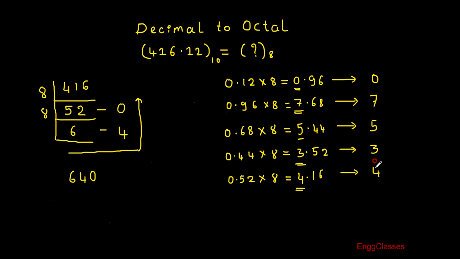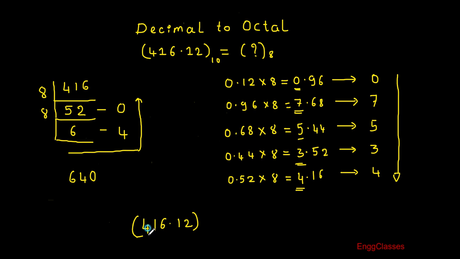So ultimately I have to read this. The fractional part, I'm going to read it from top to bottom. So ultimately what is the answer? Let me write it over here. Let me erase this, and let me write the decimal number, which is 416.12.